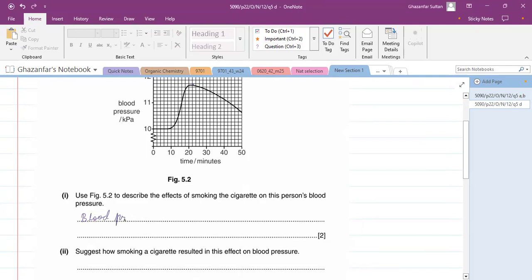Blood pressure increases when a person starts smoking and decreases when he stops.